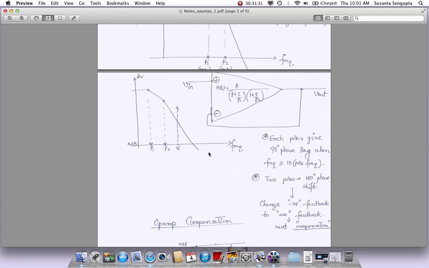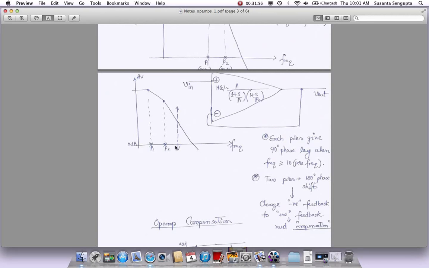As you go to higher frequencies, you will have more poles and zeros, and they will cause more than 180 degree phase shift. That's fine. For those systems, we are satisfying one criteria for positive feedback, which is the phase has already shifted 360 degrees. But the gain is less than 1, so it's not going to satisfy the other important criteria for oscillation, which is that the gain has to be bigger than 1. So we are okay for those frequencies.